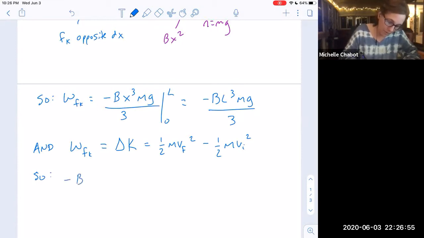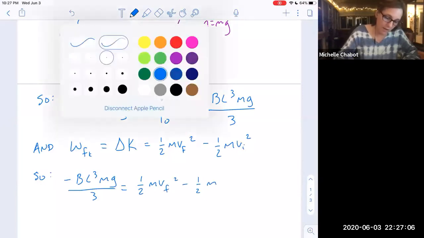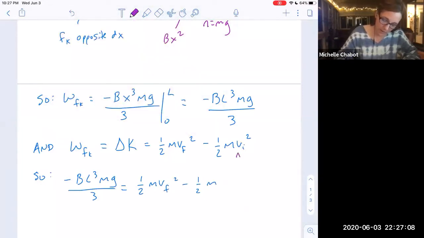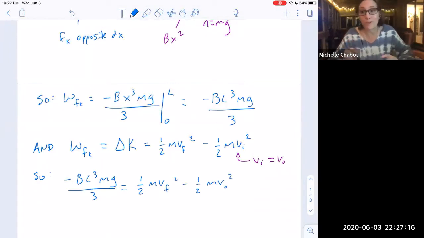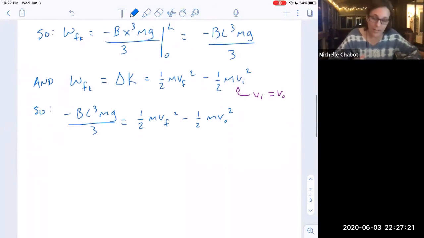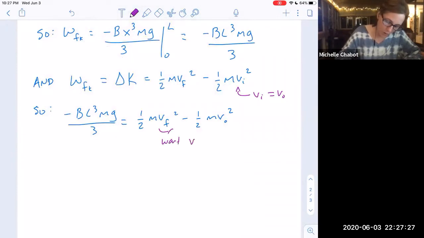I can say negative b L cubed mg over 3 equals 1/2 m v final squared minus 1/2 m, and then v initial was given to us as v naught. I'm changing the appropriate variable there only because that's what was defined in the problem. And now I can solve this for v final. What we want from this step is v final, and again, that's the speed at the end of the rough patch.